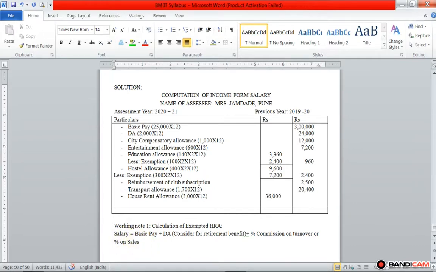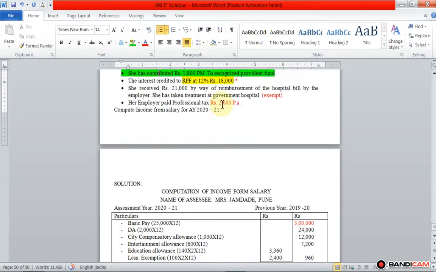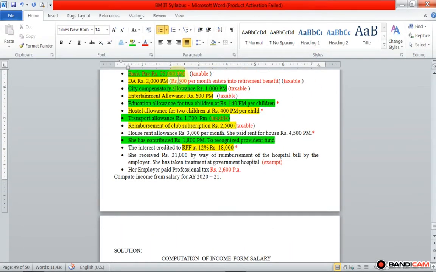So here salary is equal to basic pay amounted to rupees 3 lakh. We already computed the basic pay or basic salary amounted to rupees 3 lakh, that is 25,000 multiplied by 12, plus DA. So here DA considered for retirement benefit amounted to rupees 500 per month. So this point is very important for computation of salary.